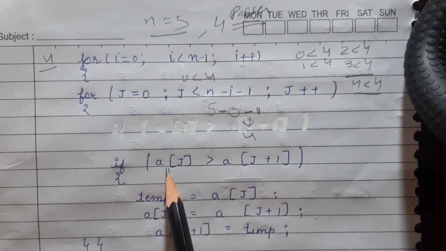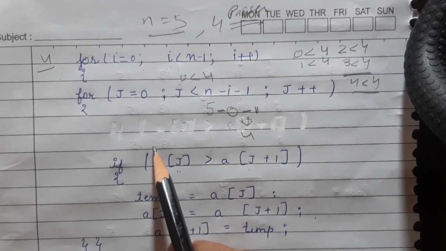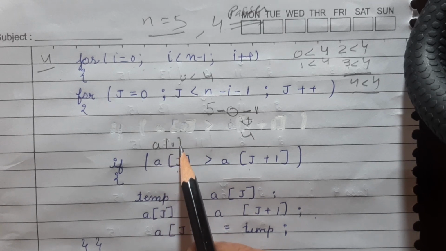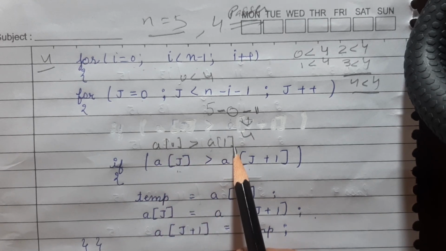Now we write an if condition. We compare the first element with the second element. What is the value of j here? j has a value 0. So if a[0] is greater than a[j+1], which becomes a[1].